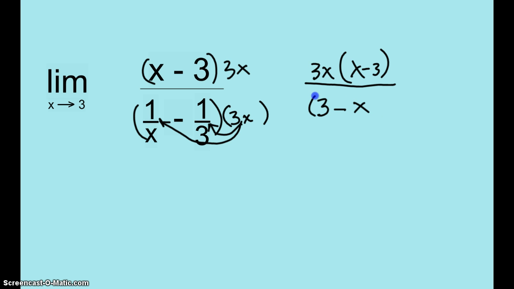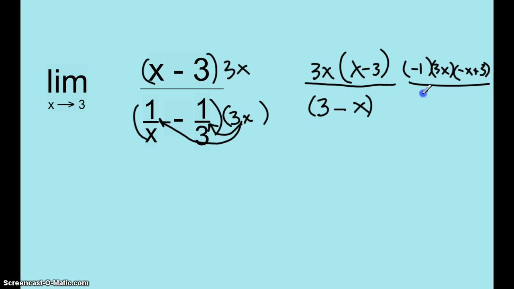Oh man, those two are really close to each other, but they kind of look like opposites because it's x minus 3 and 3 minus x, and actually it is opposites. So what we're going to do is factor out a negative 1 right here. So that would be negative 1 times 3x times negative x plus 3.